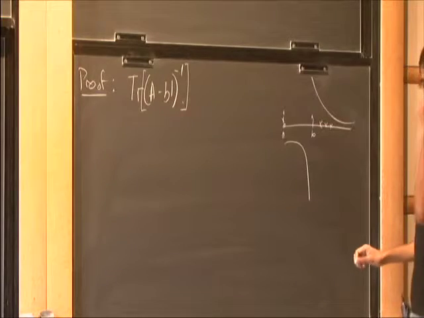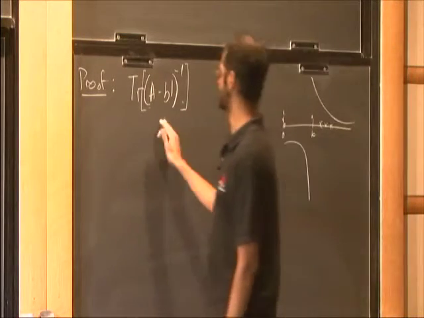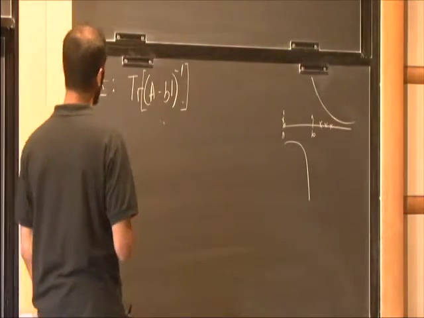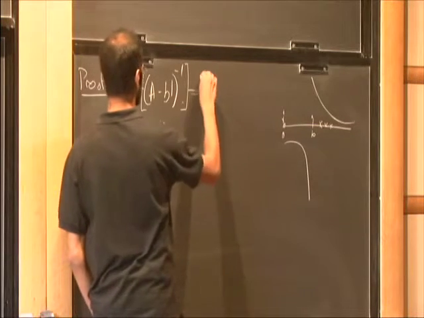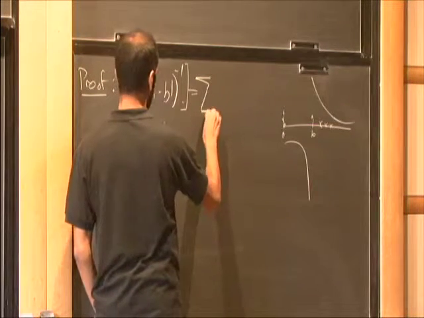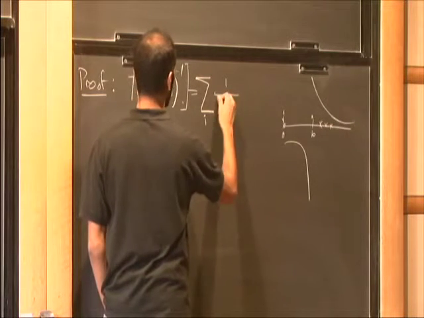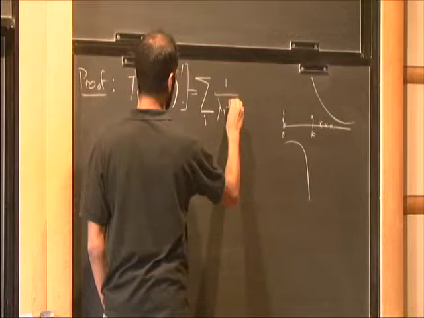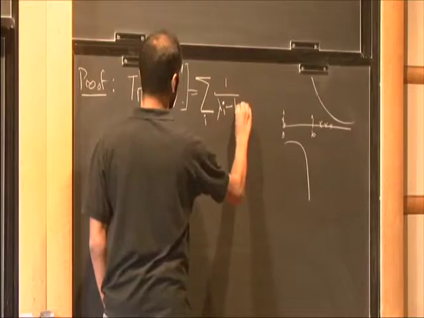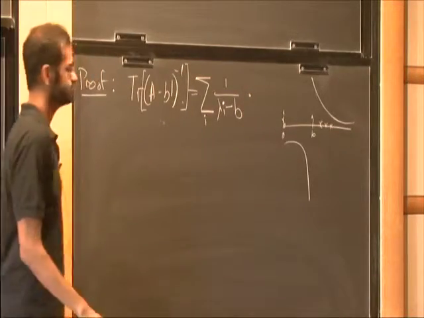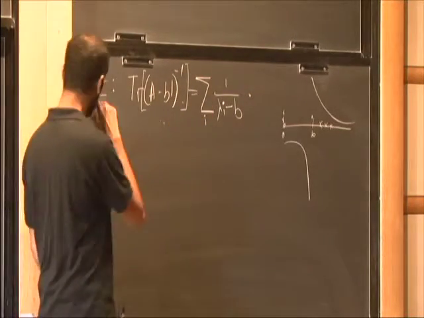Just keep this in mind. So this function is literally equal to the sum over all the eigenvalues of 1 over lambda i minus B. That's what this picture says.